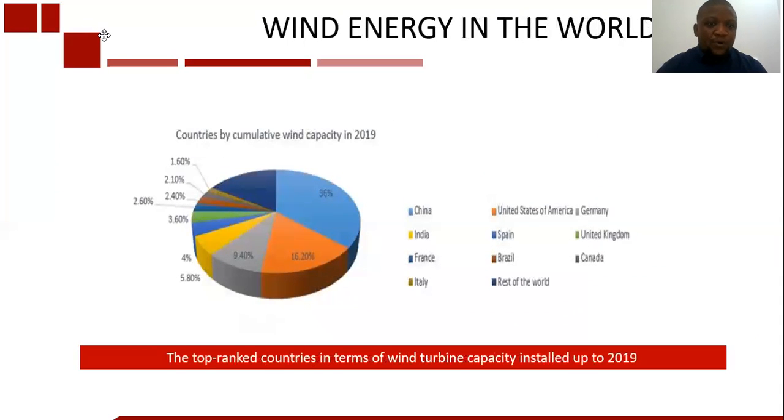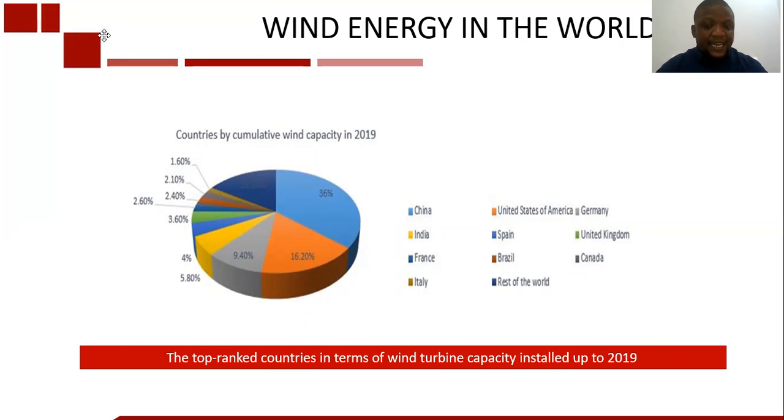The wind energy in the world. You can see the countries by cumulative wind capacity. The highest percentage is in China, the top ranked country in terms of wind turbine capacity installed up to the year 2019.